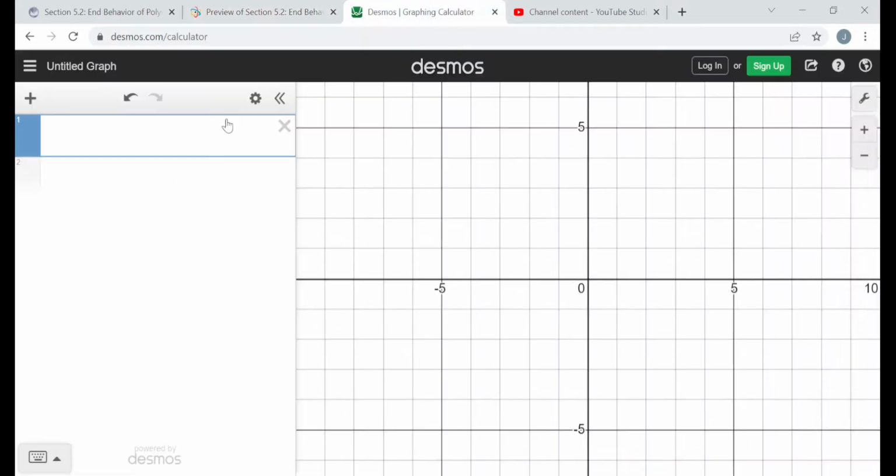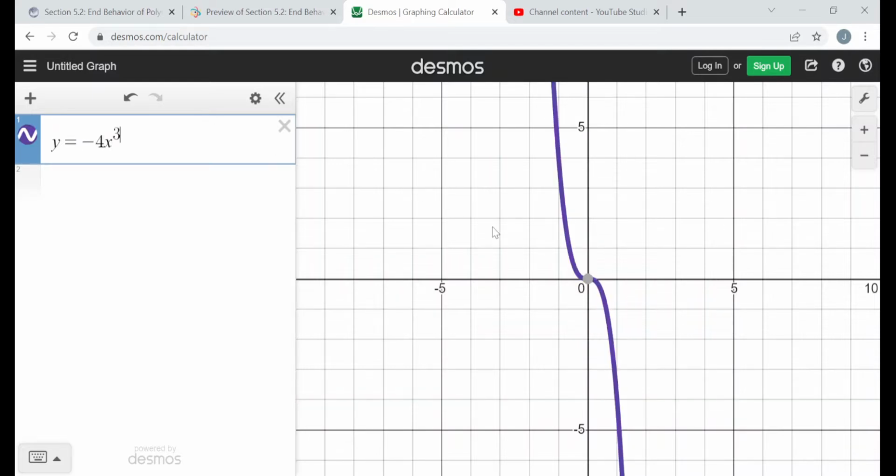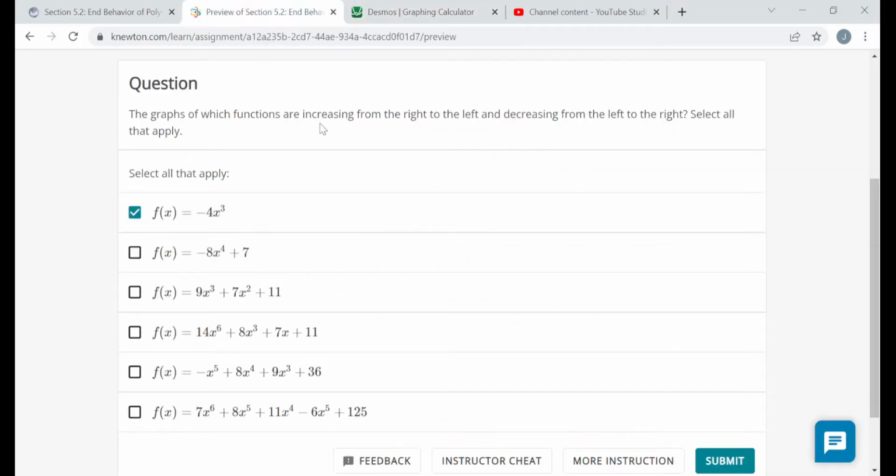Let's go to desmos.com, the free online graphing calculator. I'll just put y equals -4 times x cubed. And you see how if you go from left to right, it's decreasing, going down forever. If you go from right to left, increasing, going up forever. And that's exactly what they described, increasing from right to left, decreasing from left to right. So again, odd degree, negative lead coefficient are what we're looking for.